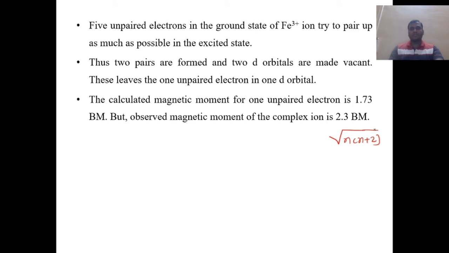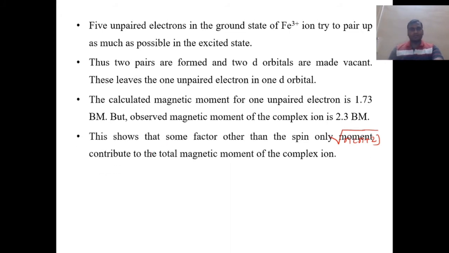But the observed magnetic moment of the complex ion is 2.3 Bohr magneton. Here there is some difference: the calculated electronic magnetic moment is 1.73, but the observed is 2.73 Bohr magneton. So this shows that some factor other than the spin-only moment contributes to the total magnetic moment of the complex ion.